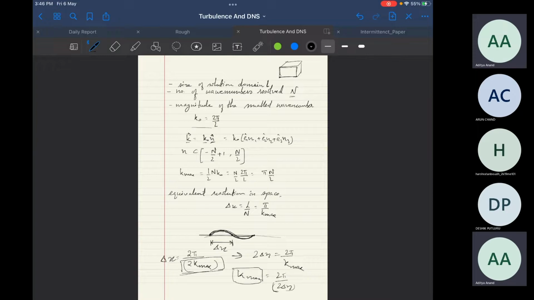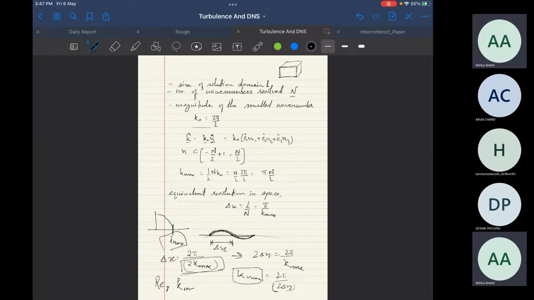Again, these resolutions will depend on your Reynolds number. Your Reynolds number will give you the k max, because the spectra depends on your Reynolds number. So this is your k max.